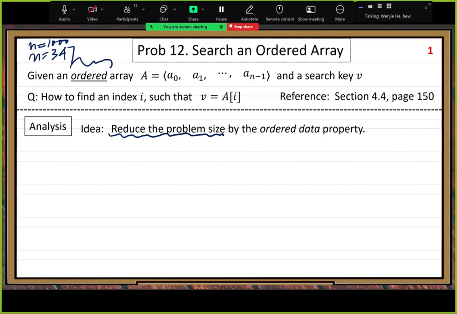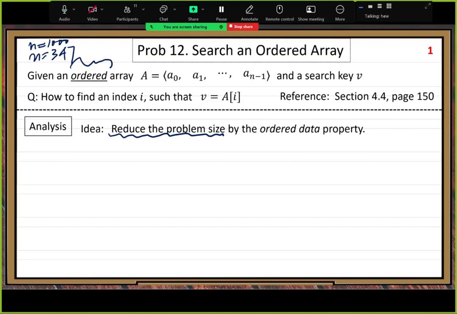If you do prime factorization on 347, you need to do more work than when n equals 1,000. So this special example tells you sometimes the size is smaller, but the difficulty of the problem is higher.